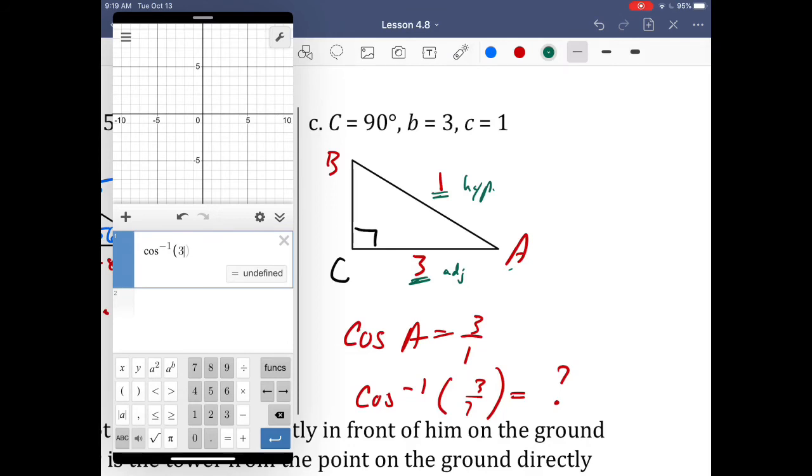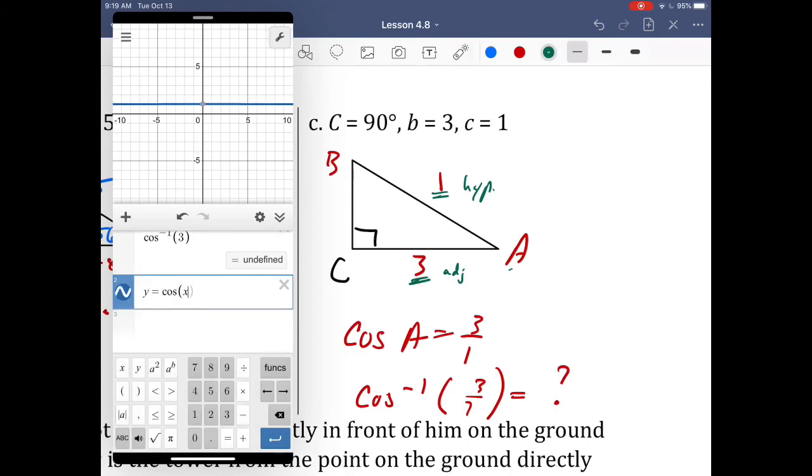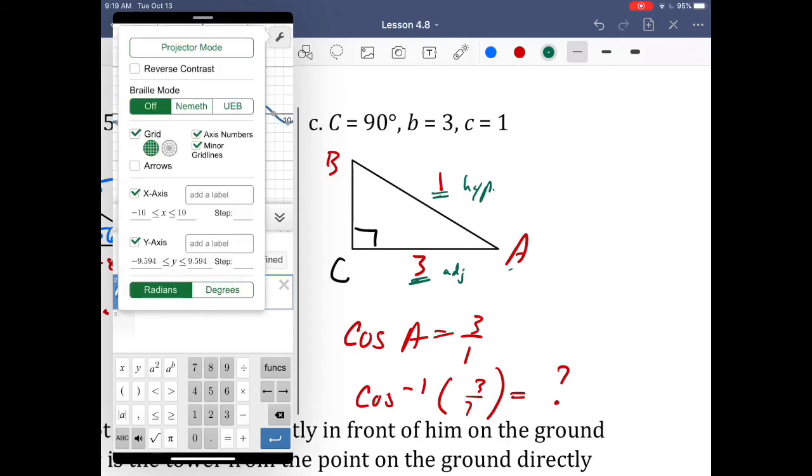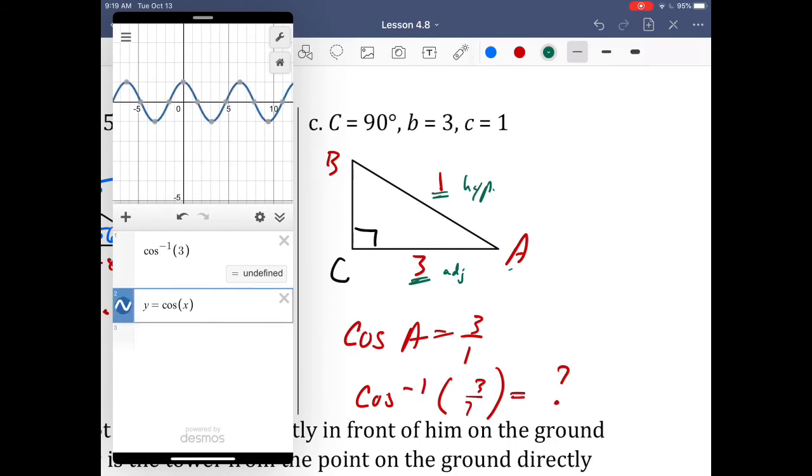undefined. That is because the domain of inverse cosine is the same as the range of cosine. And remember that y equals cosine of x is this wave function with a maximum of 1 and a minimum of -1. Remember, that's the range. So the range of cosine is between -1 and +1. I just wrote an x, but clearly I didn't mean that.